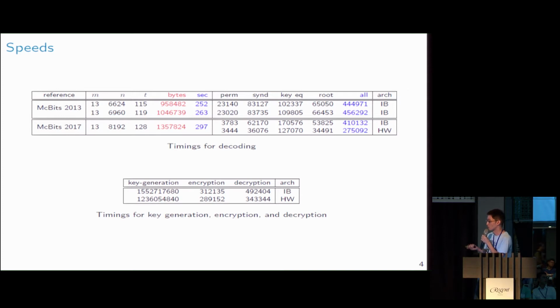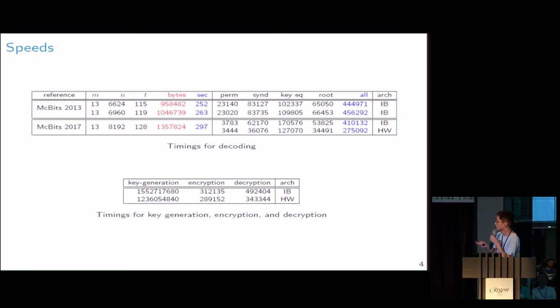This is a problem of the system, because it uses a quite big public key. And on the right you see these components: the building blocks of the decoding algorithm, and I'll explain in detail later.